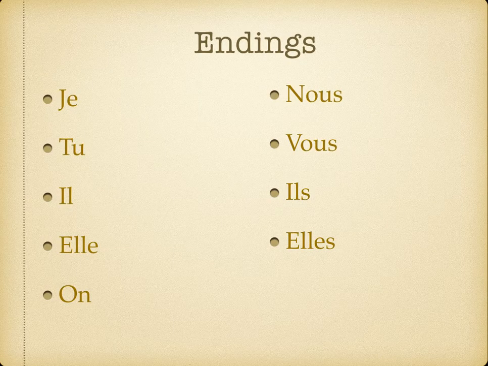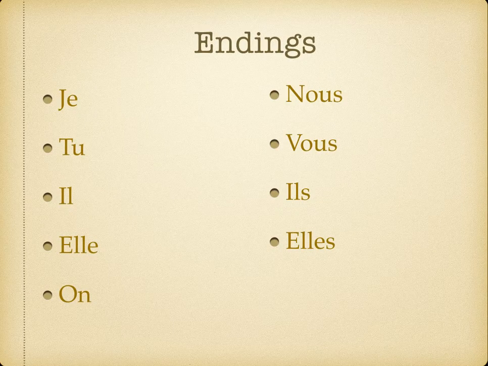That goes away in the imparfait. The stem can be difficult to find because you have to know the present tense, but the imparfait endings do not depend on the category the verb falls into whatsoever. They are 100% the same across the entire language. It will never, ever, ever change.